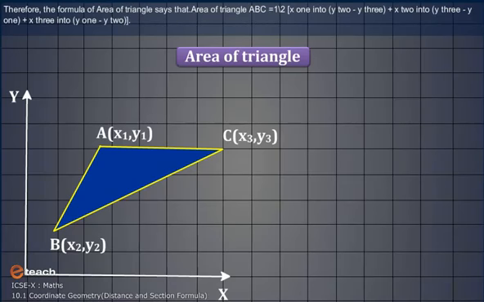Therefore, the area of triangle ABC is equal to half bracket x1 into y2 minus y3 plus x2 into y3 minus y1 plus x3 into y1 minus y2 bracket close.